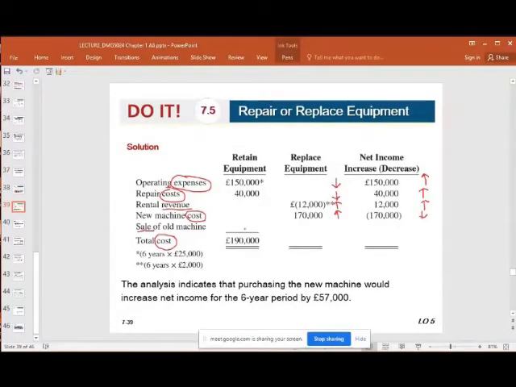So your income goes from 0 to 25,000. Income increases, your sales increase, net income increases. So you will get 25,000 positive.